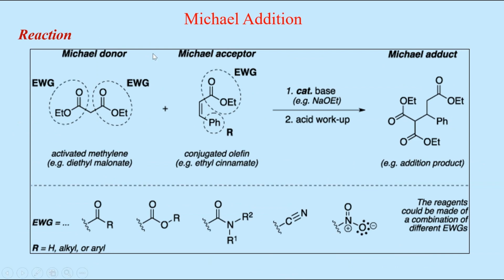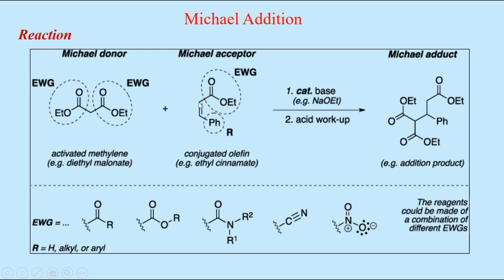In this, a methylene group conjugated with an electron withdrawing group is called a Michael donor. Diethyl malonate is an example of a Michael donor, an activated methylene group.